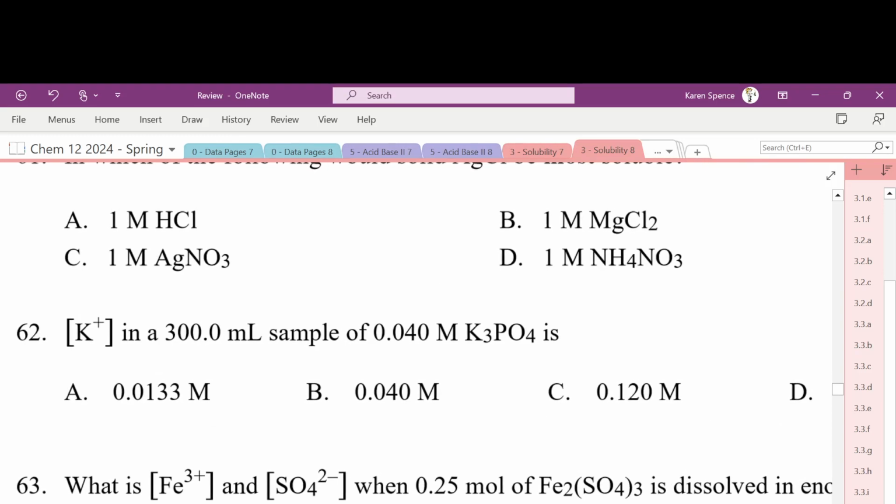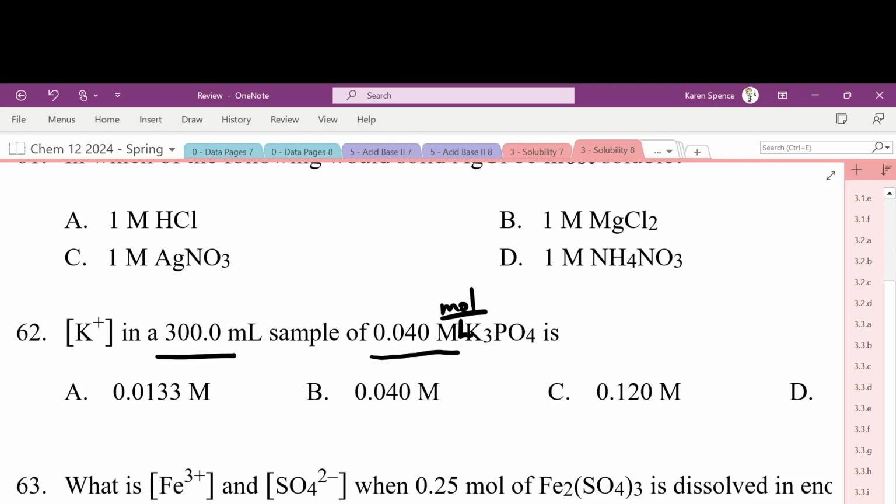Concentration of potassium in 300 milliliters of 0.04 molar K3PO4. Just to let you know, this is moles per liter. So does the concentration depend upon the volume?